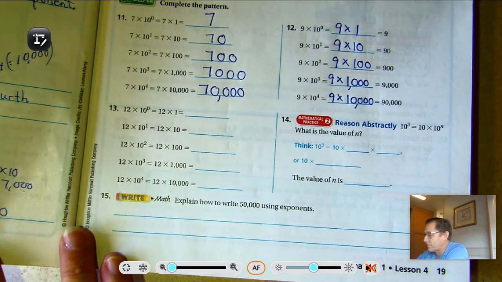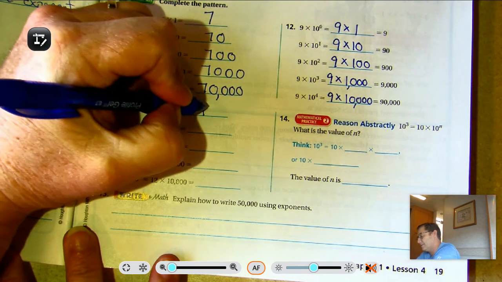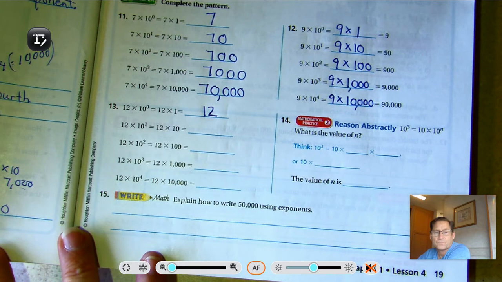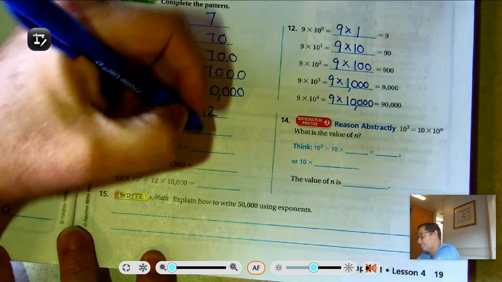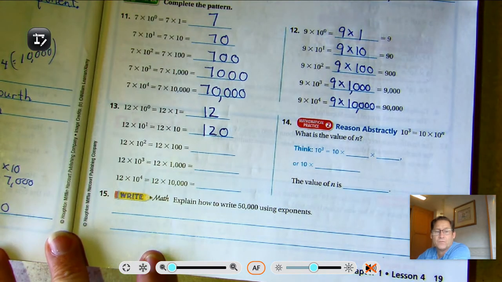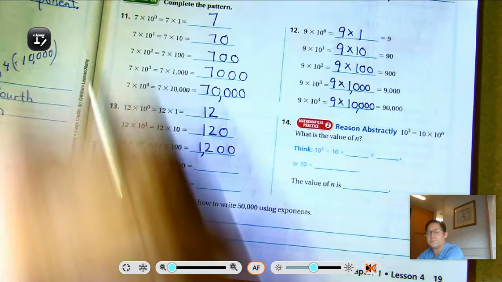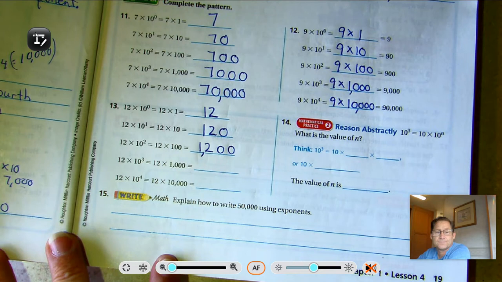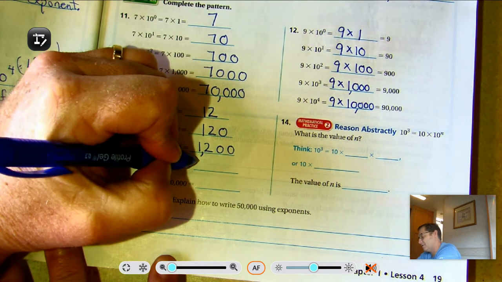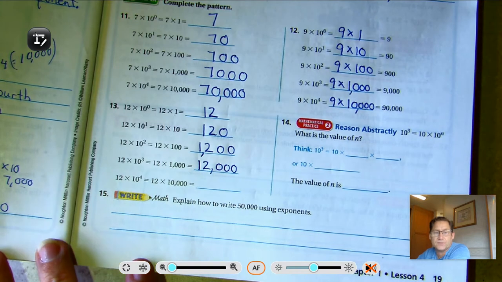All right. 12 times the 0 power of 10. The 0 power of 10 is 1, so 1 times 12 is 12. 12 times the first power of 10 is 12 times 10, or 120. 12 times the second power of 10 is 12, followed by 2 zeros. 12 times 10 to the third is 12 times 1,000, or 12 followed by 3 zeros.